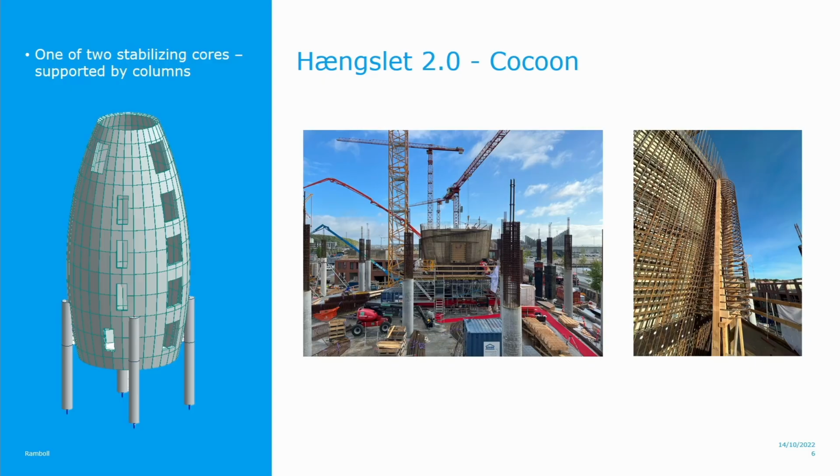Yeah, and then this connection to the columns you see on the right side, I spent a lot of time on that also because this cocoon hangs on the sides of these columns, so that was a big challenge as well. And we had to have a lot of reinforcement out through the formwork, so that was also quite a challenge.